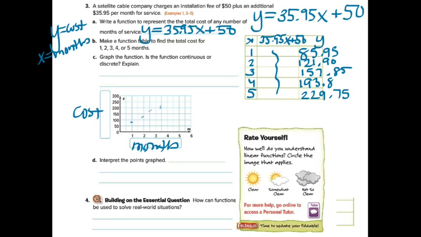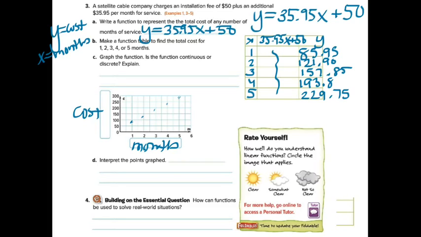Oops, my 4 is off. Let me fix this a little bit. Yours should be a little more perfect than mine. These points do look like they could make a straight line if you connected them.